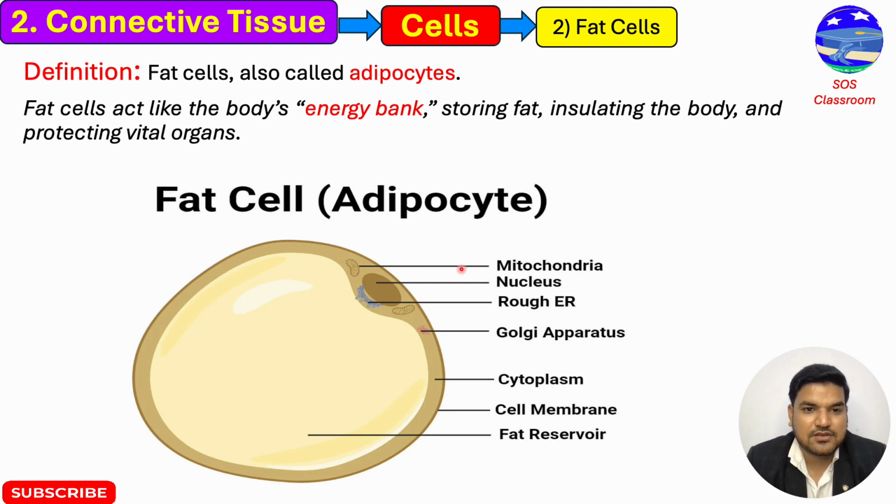You can see mitochondria in the fat cells, this is the nucleus, rough ER, Golgi apparatus, cytoplasm, cell membrane, and fat reservoir. So you can see the maximum amount of the fat stored by the fat cells or adipocytes. That's why these cells are also called an energy bank.